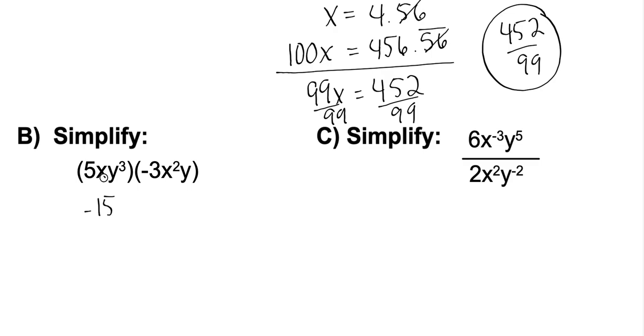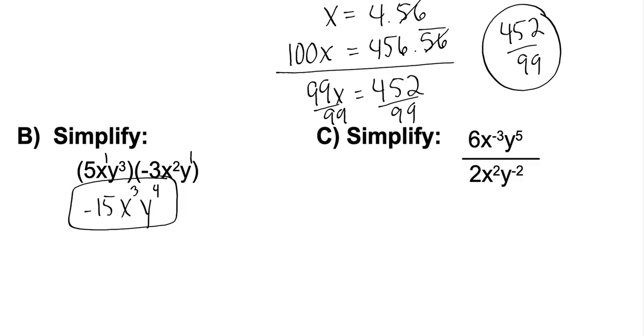And then we multiply each variable times the other one. So x times x squared, you're going to get x to the third. And then we do the y's. So y to the third times y, that's to the first. So I didn't write that over there because you have to have that first power exponent if you need it. So it'll be y to the fourth.